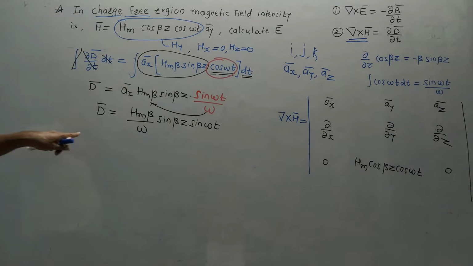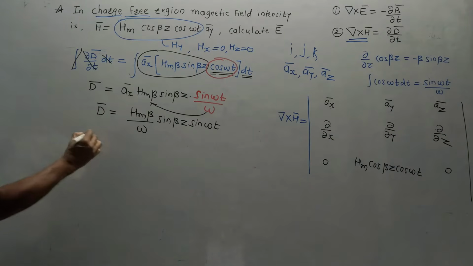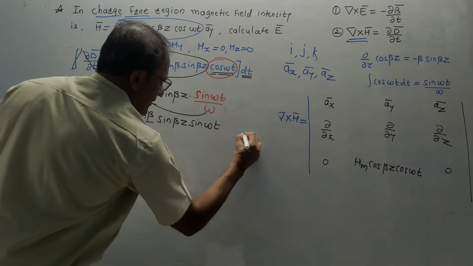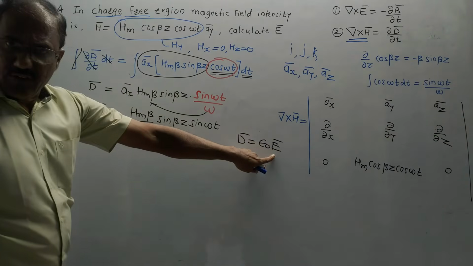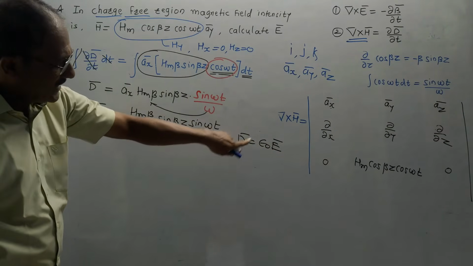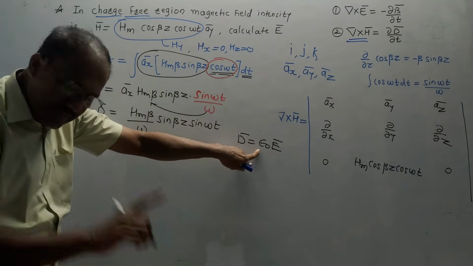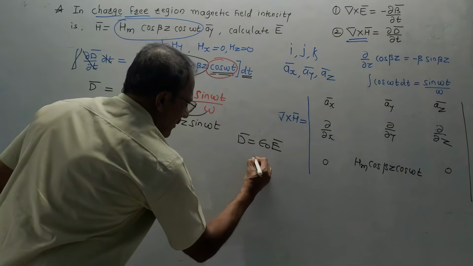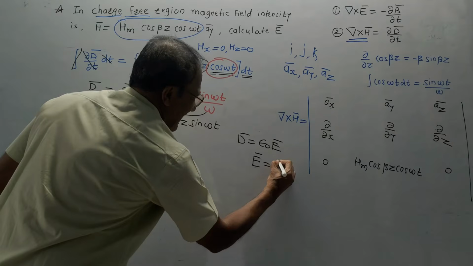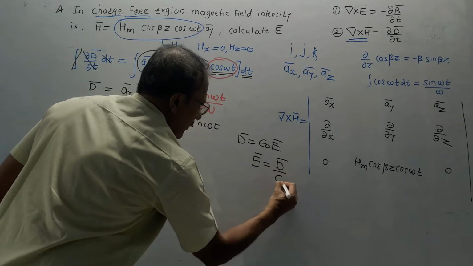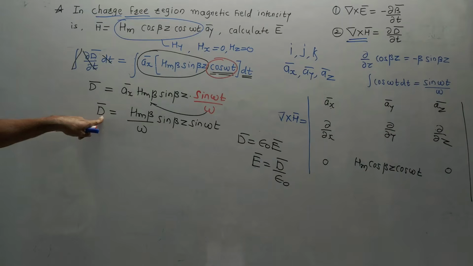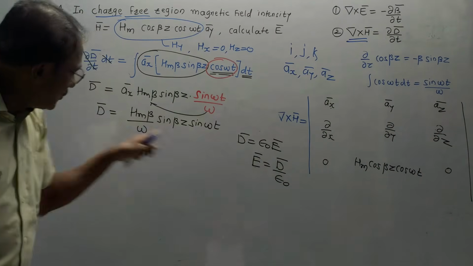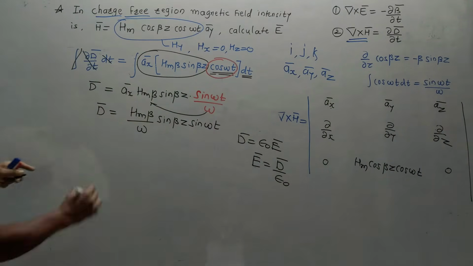Now the last step. We discussed this formula: D bar is equal to epsilon 0 E bar. E bar is electric field intensity, D bar is electric flux density, epsilon 0 is permittivity of free space. From this equation I can write E bar is D bar upon epsilon 0. Just now we developed the equation of D bar. We want the equation of E bar, so just divide this equation by epsilon 0.